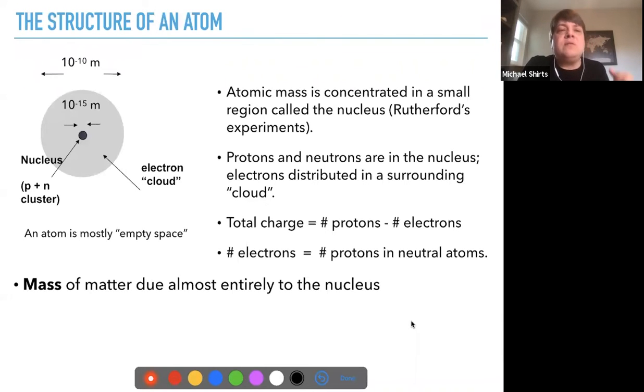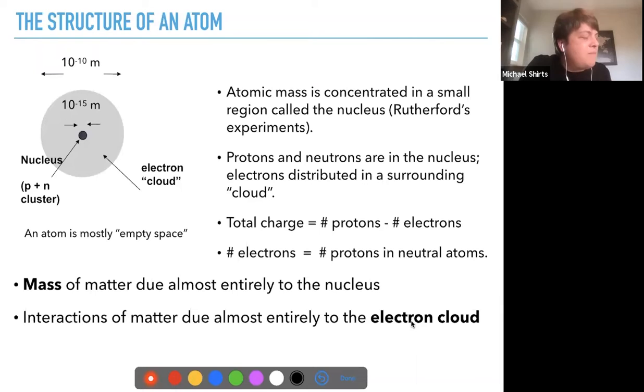That small volume that's very massive is where the mass of a compound is. It's what gravity is pulling on, and what keeps it going in inertia, I should say. The interactions of matter with each other are due almost entirely to the electron cloud, though.